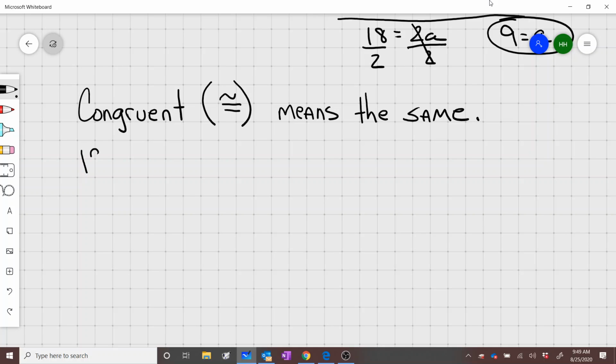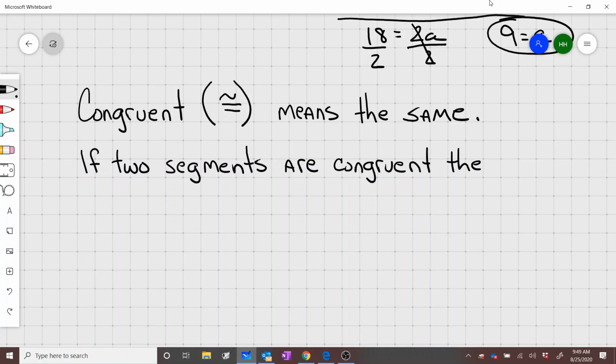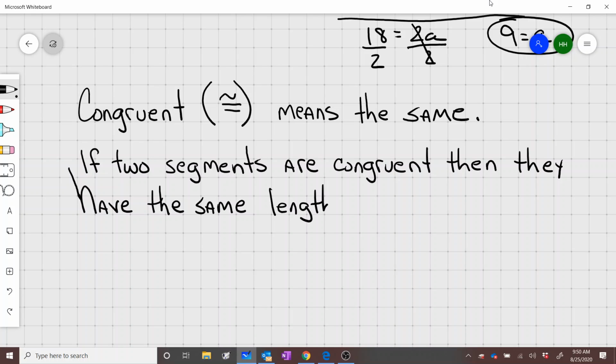And then we're going to say if two segments are congruent, then they have the same length. If two segments are congruent, then they have the same length.